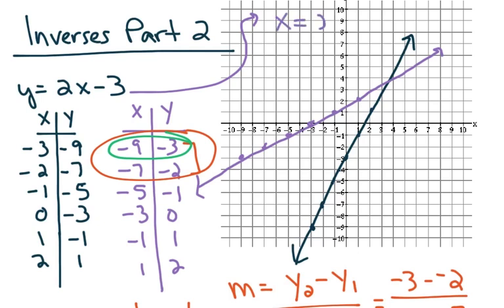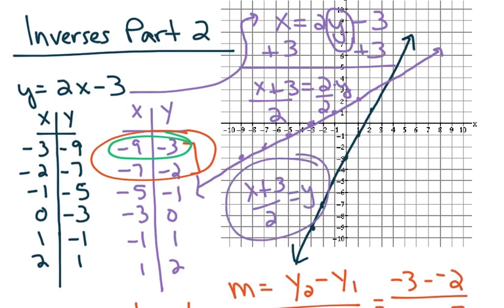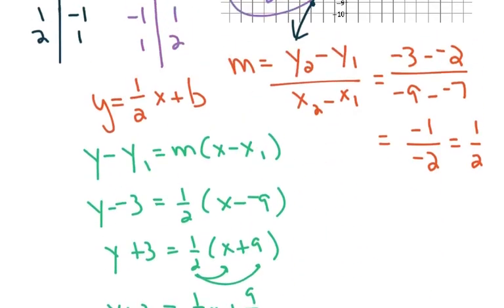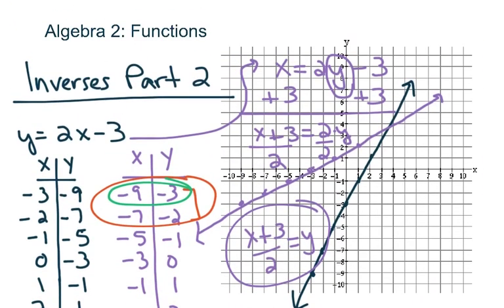So if I switch x and y, and then solve this equation for y, because that's what we normally solve equations for, I would first add 3 to both sides, because in order to get rid of minus 3, you have to add 3. And then to get rid of the 2, you have to divide, because that says 2 times y. And hey, look, there's the equation that I just got doing all this work from Algebra 1 that you may not want to have to do.